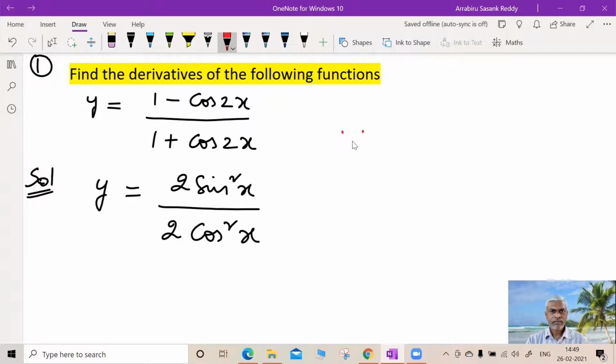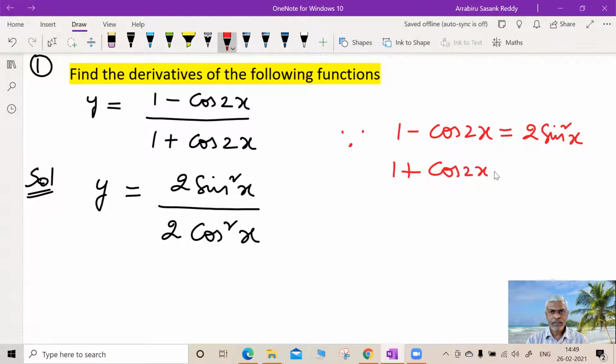Since 1 minus cos 2x is equal to 2 sin square x, 1 plus cos 2x is equal to 2 cos square x.